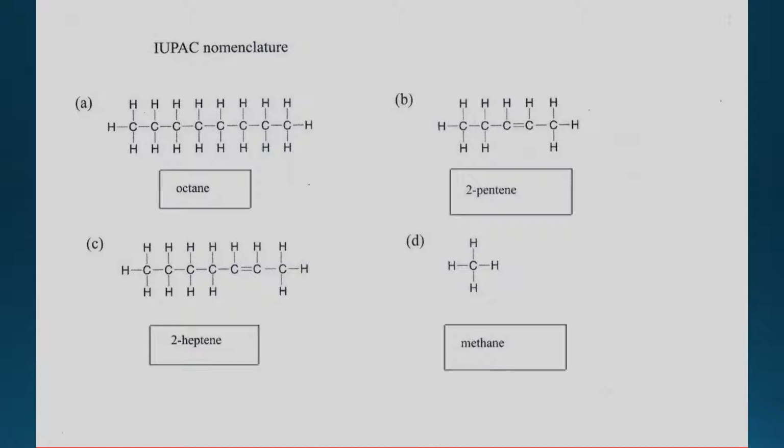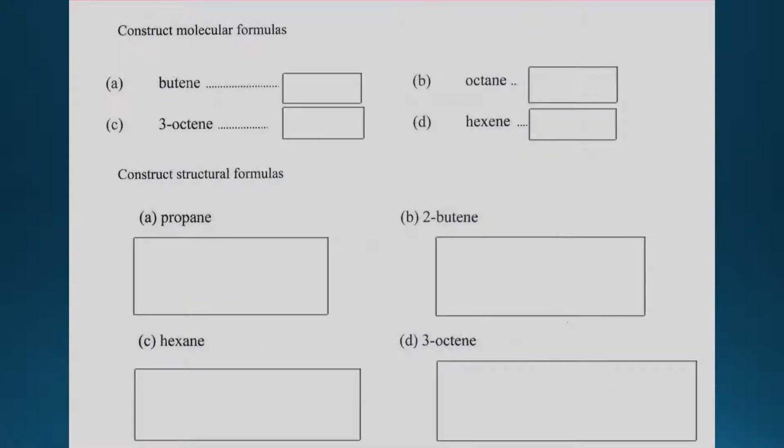Now let's do one more exercise. So now this is how you name. And now let's look at the structure. What is the formula for A? Butene, 4C, double bond, so C4H8.